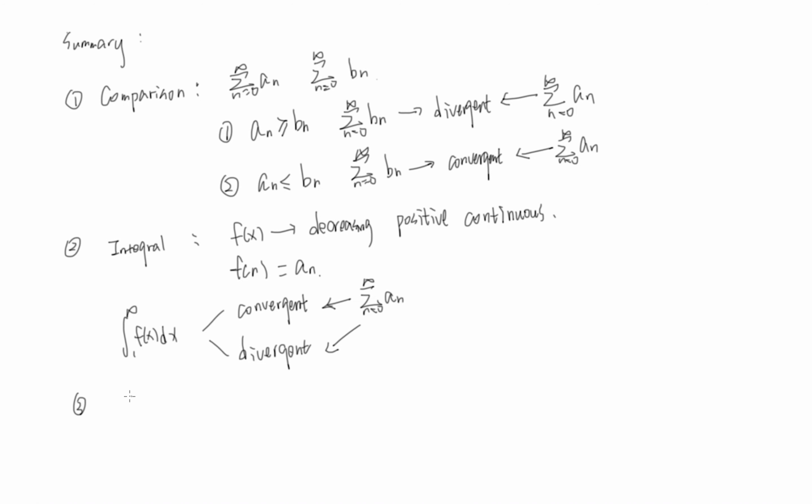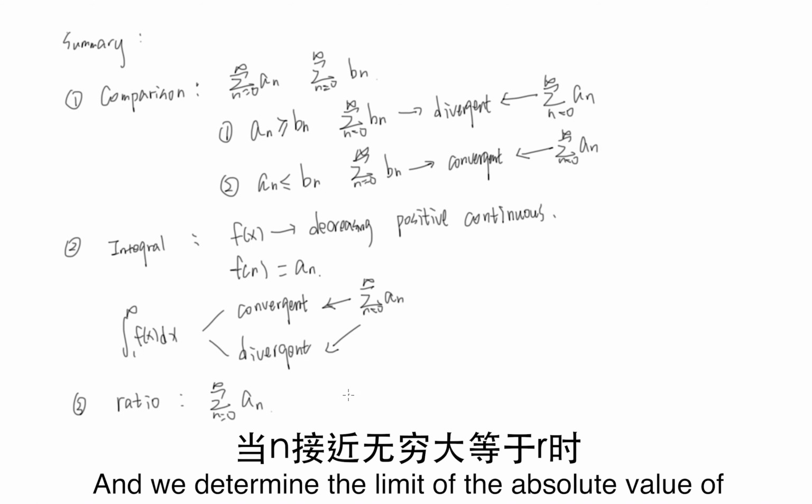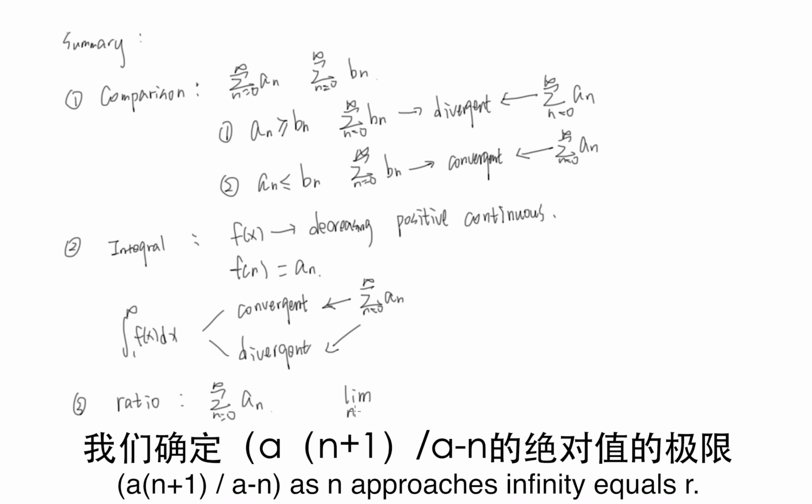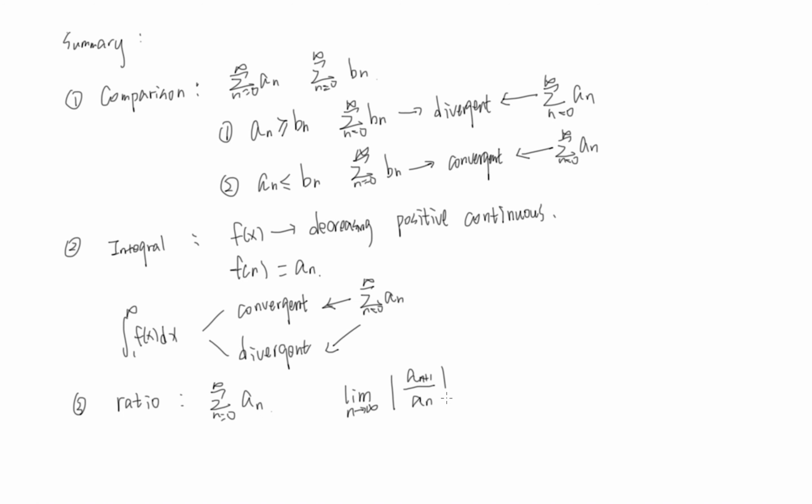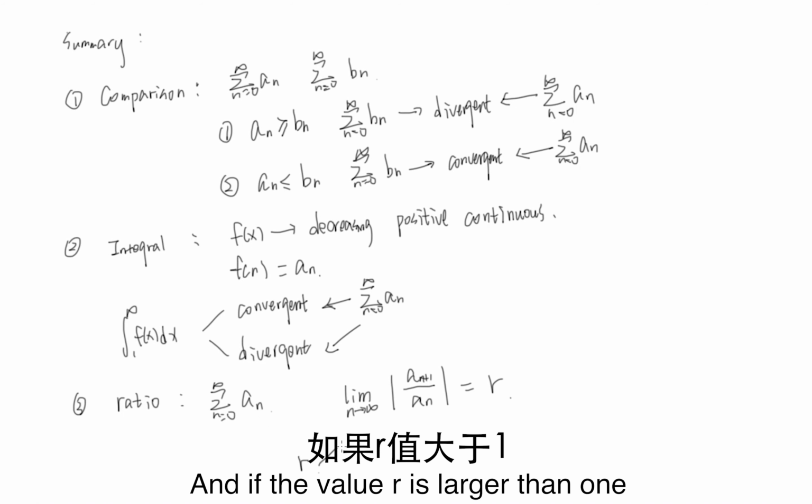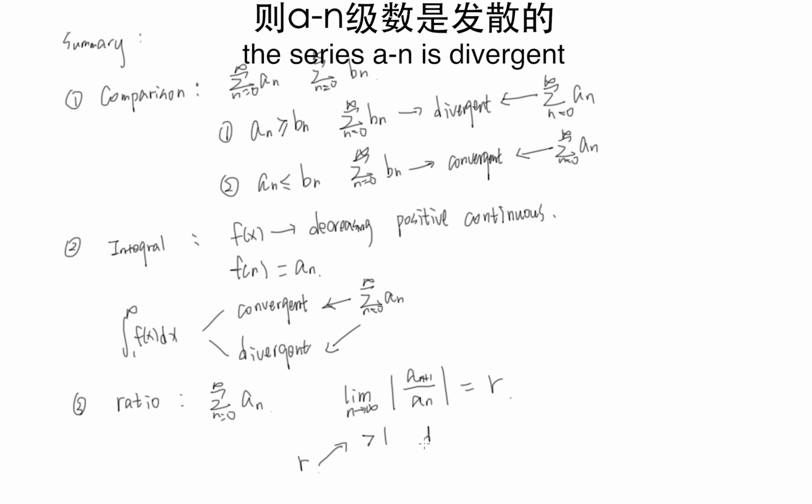And the last one, the ratio test. In the ratio test, we suppose there is a series an, and we determine the limit r of the absolute value of a(n+1) over an as n approaches infinity. If the value r is larger than 1, the series an is divergent.